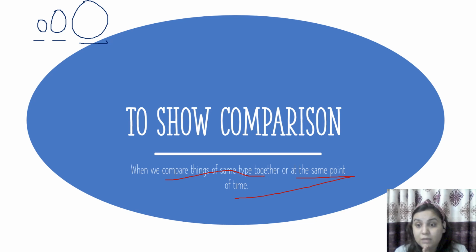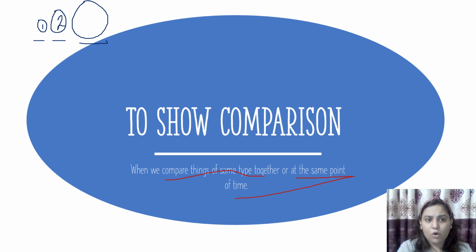Now I give you a task. You have to use only one word to compare them. So what can we say? We usually say ball number 1 is smaller than ball number 2, and ball number 2 is small in size than ball number 3, and ball number 1 is also small in size than ball number 3.